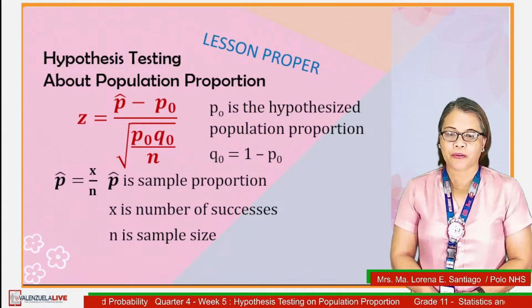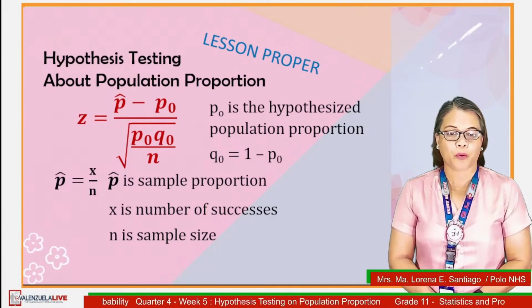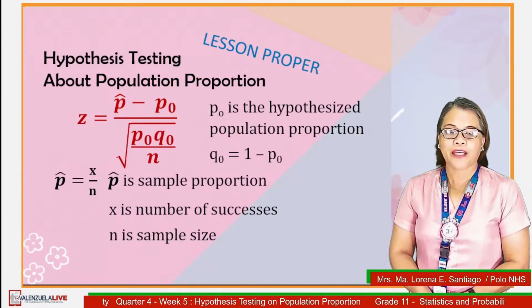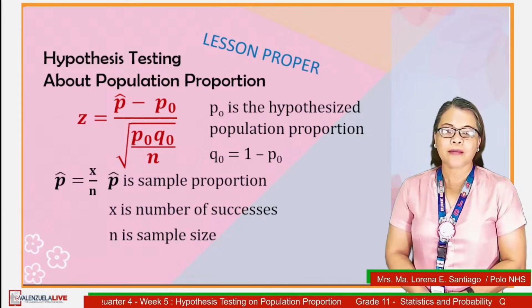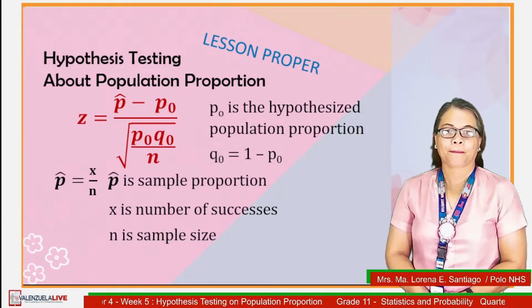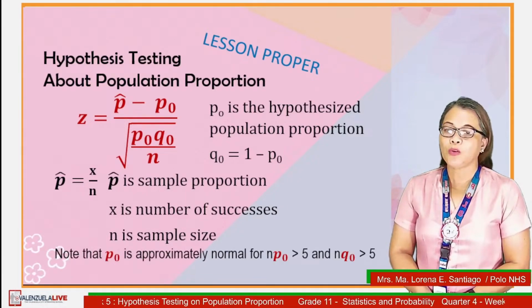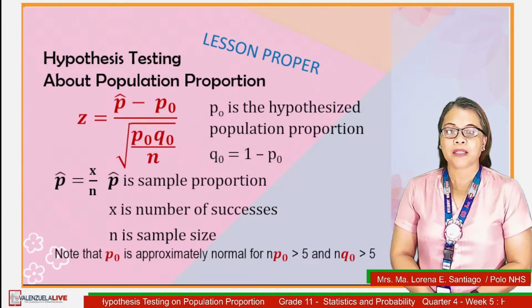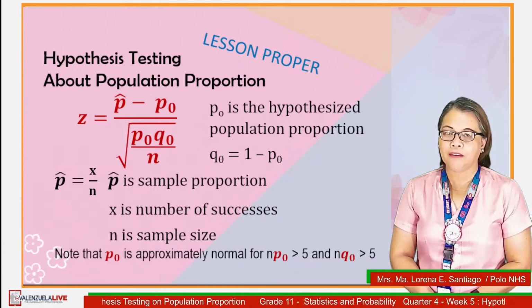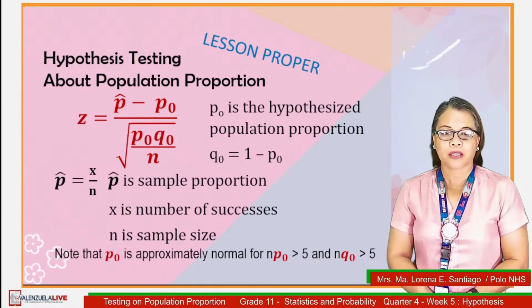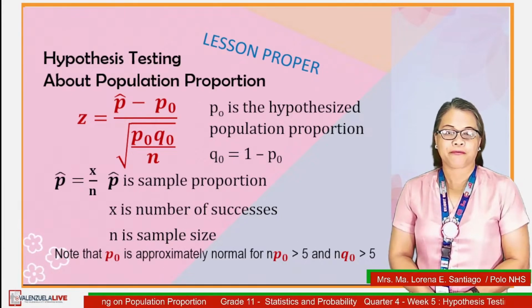Now, p sub 0 is the hypothesized population proportion, and we can find q sub 0 by subtracting p sub 0 from 1. Note that the sampling distribution is approximately normal for n times p sub 0 greater than 5 and n times q sub 0 greater than 5.